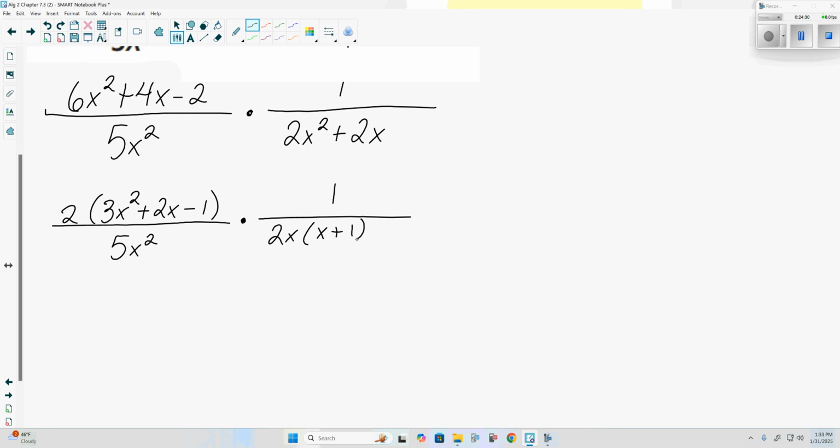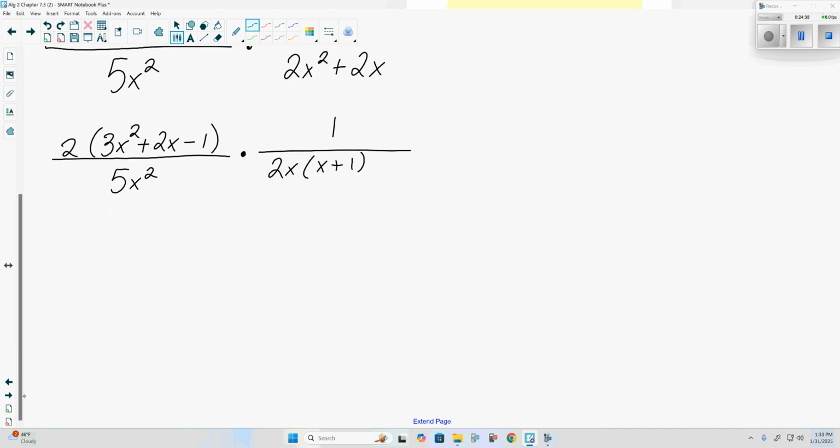And if we factor the 2x out of 2x squared and 2x, we're left with x plus 1. Now we can finish factoring the numerator.